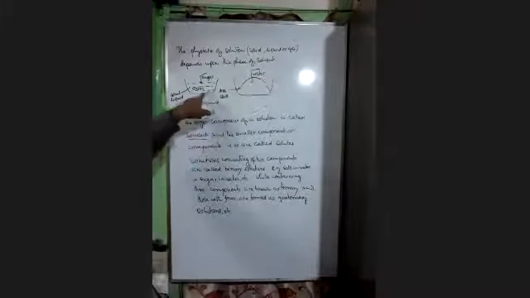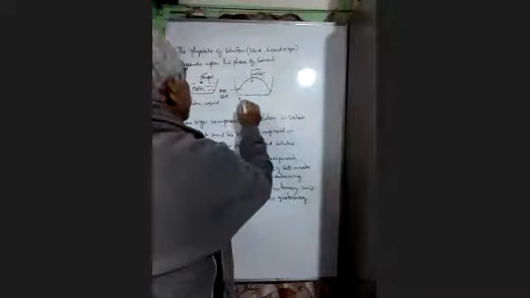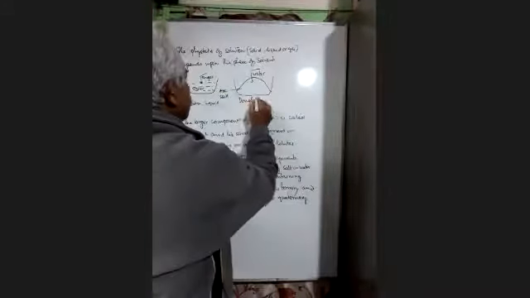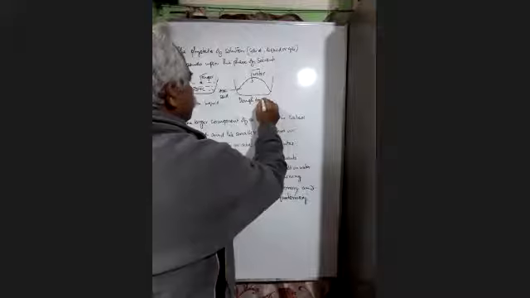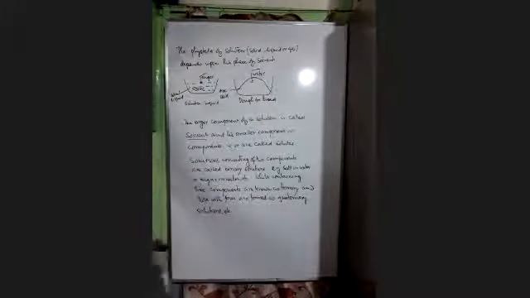So in the earlier case, water is the solvent, sugar is the solute. When you go for making the dough or bread, in this case, atta is the solvent, is it not?